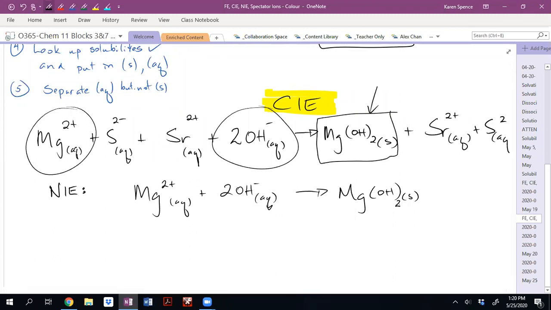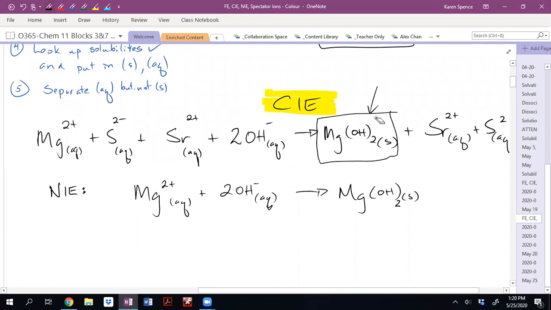Okay. Second way to do it would be to first identify the spectator ions.